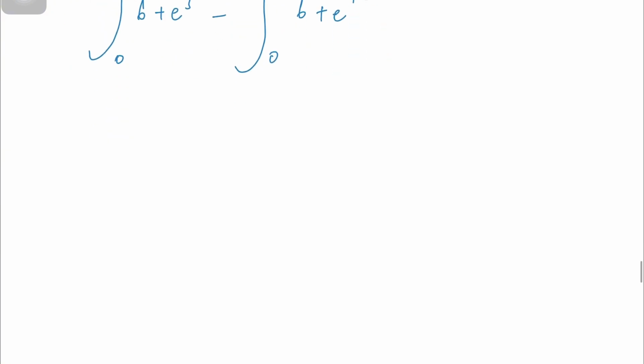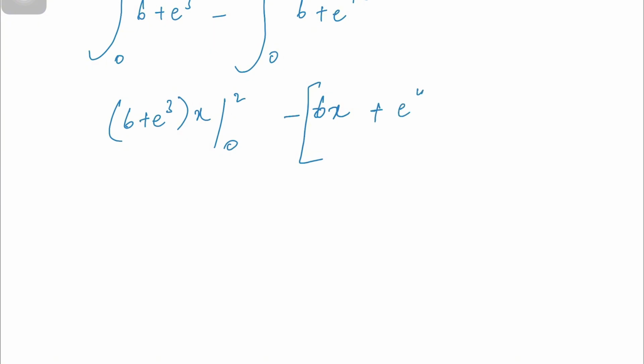So we get our answers as 6 plus e cubed. This would be multiplied by x. We'll be applying limits 2 and 0 over here. This would be subtract. Now let's just integrate it as well. So this would be 6x, negative 6x, plus e powered 4x minus 5 over 4, and then we apply the limits of 2 and 0, and then we subtract it.